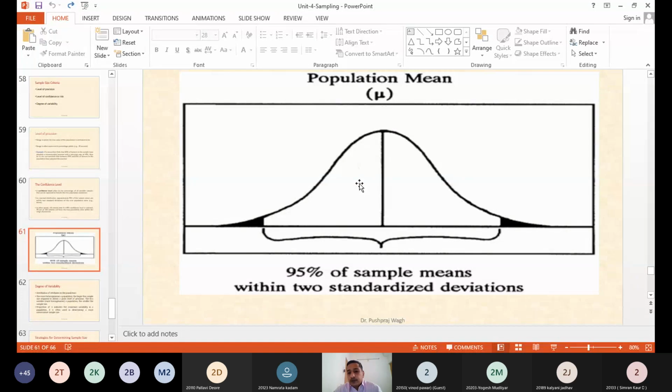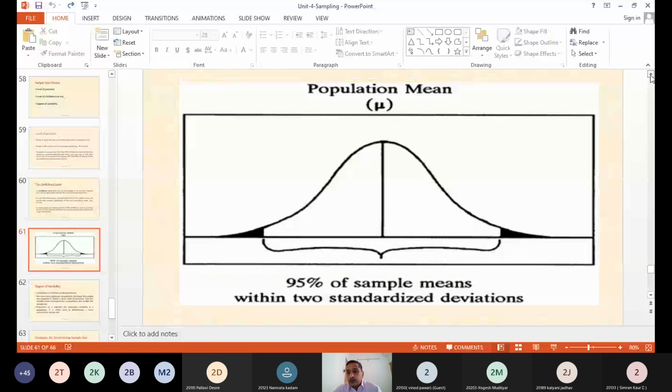The darkened, shaded spots at the tails of this graph are the extreme values, those which are beyond that particular standard deviation.